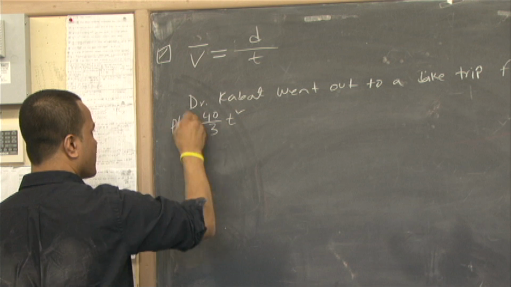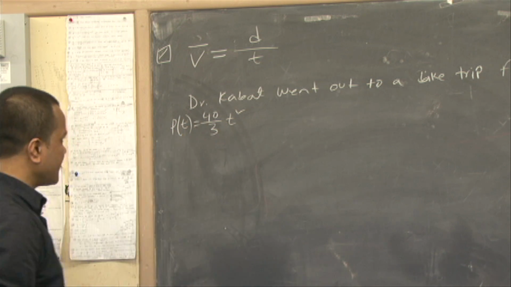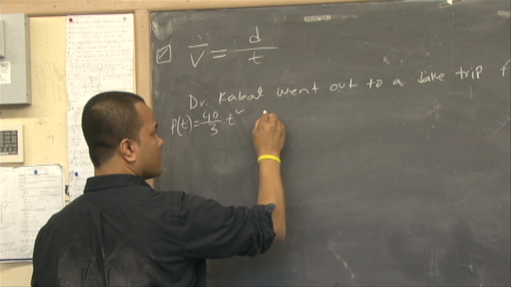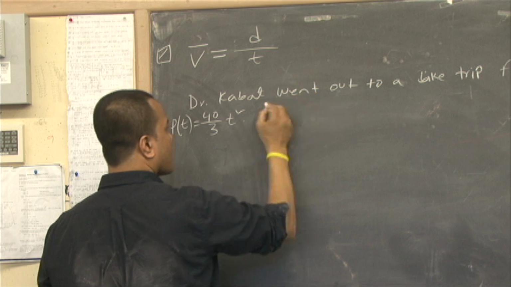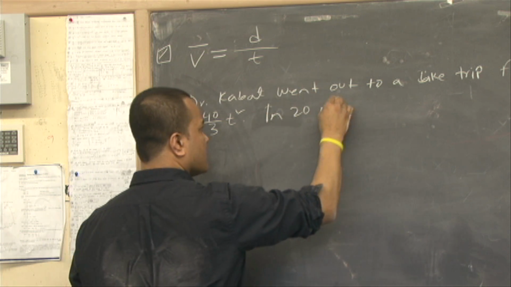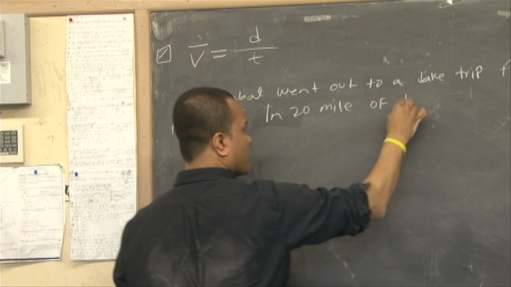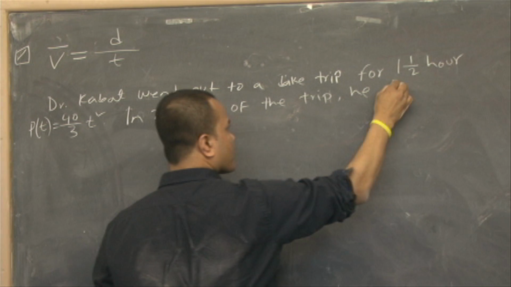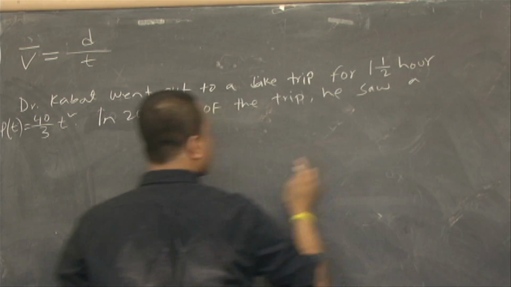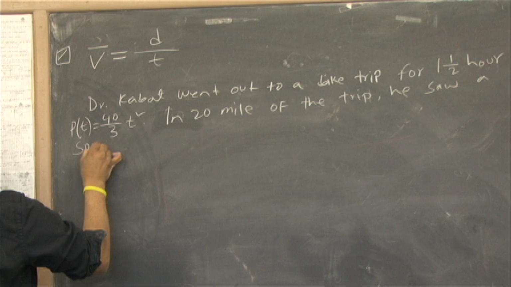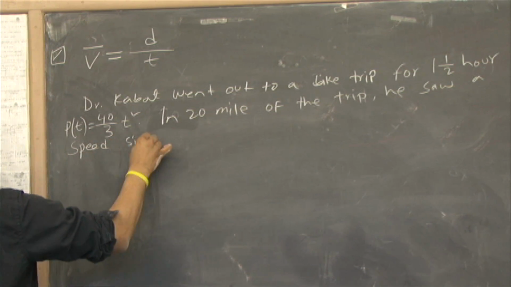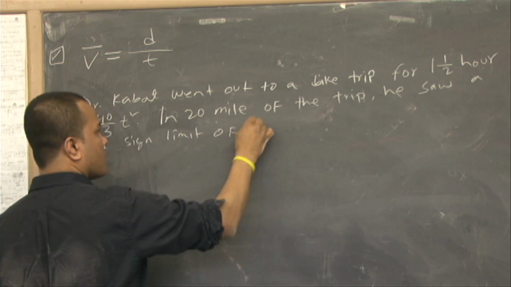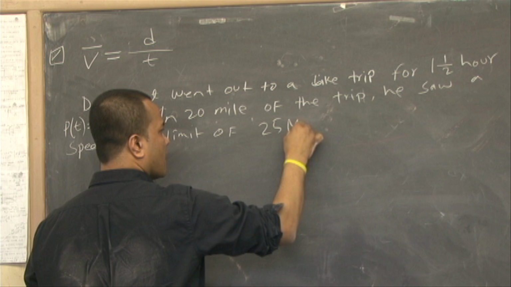At 20 miles of the trip, we saw a speed limit sign of 25 miles per hour.